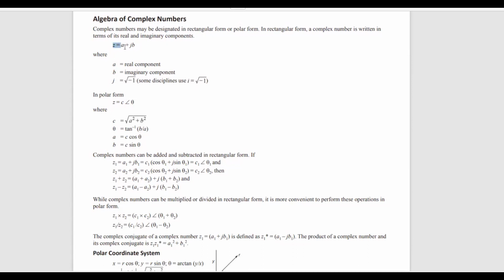This is the form of a complex number: z equals a plus jb. We use i; some disciplines use j instead. So if you use i, just know that it is still correct. Here you are given that i equals the square root of minus 1, and this is what we're going to use.